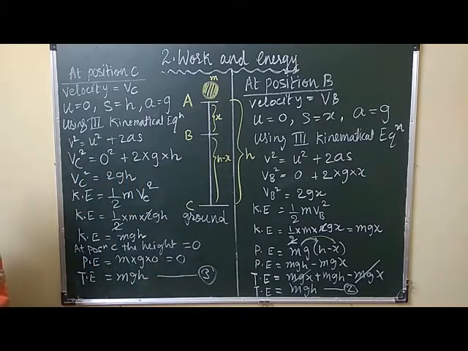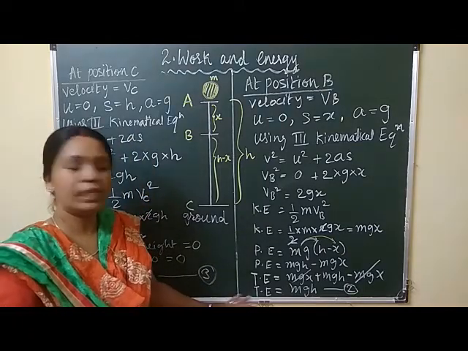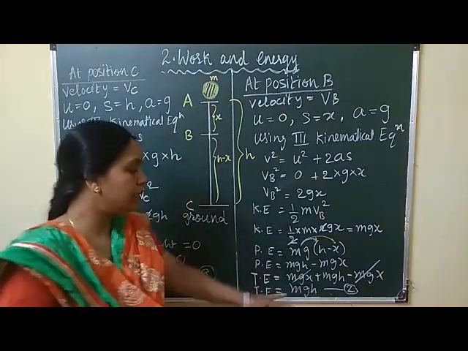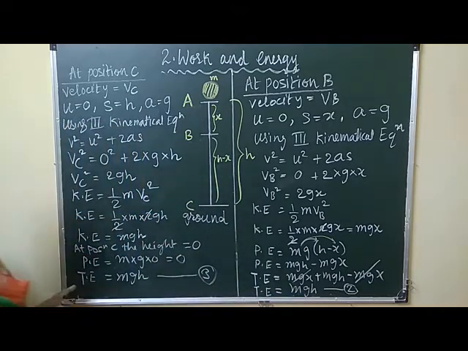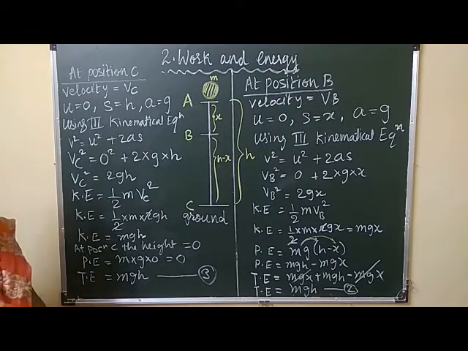For equation 1, we got total energy mgh, equation 2 total energy mgh, and equation 3 total energy is mgh. What does this mean?